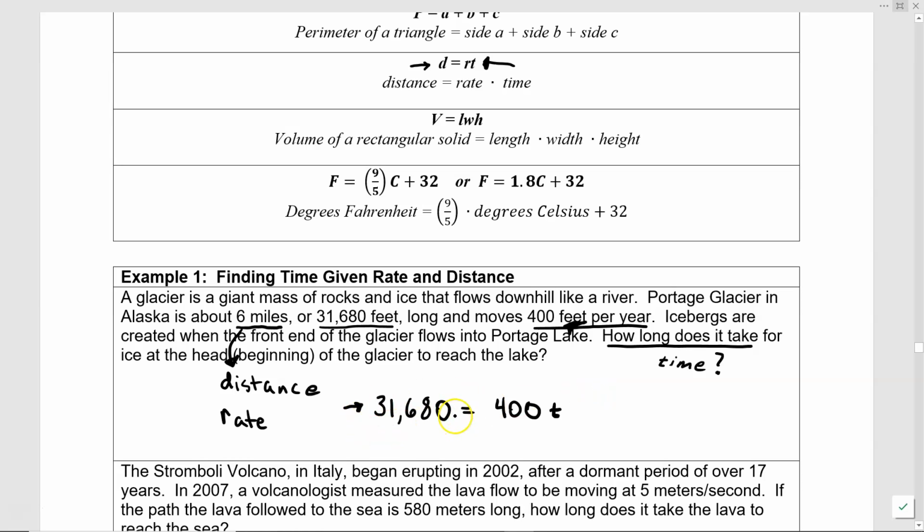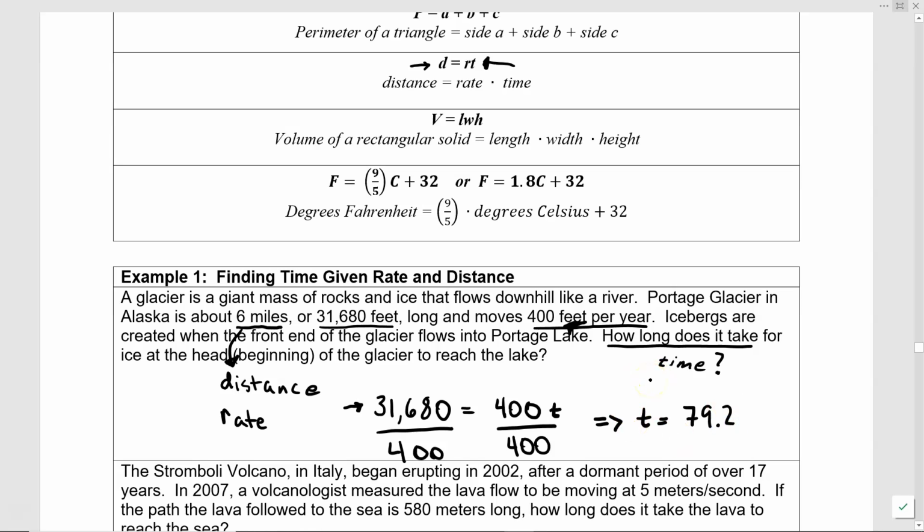So when we do this, we're just going to take the natural step that we've been learning about. So we want to get t alone, and in order to do that, we divide both sides by 400. If we take out our calculator and type in 31,680, divide by 400, we get that the time is equal to 79.2.